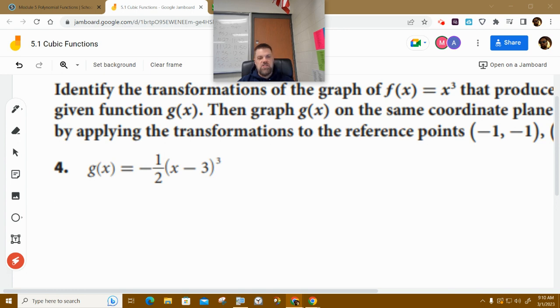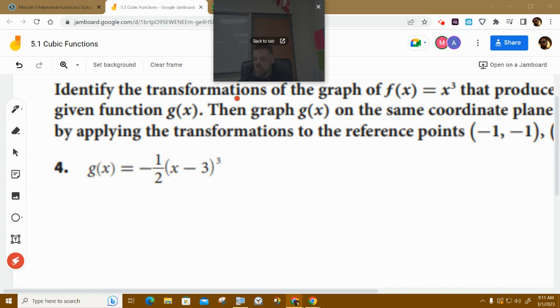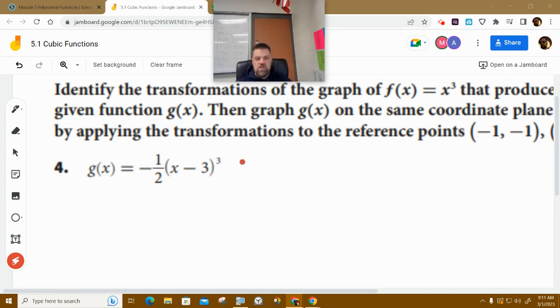Now, the textbook teaches you to change these values, -1, -1, 0, 0, and figure out what the new values are based on the transformations. I don't know if we need to do that. But anyways, let's jump in here.